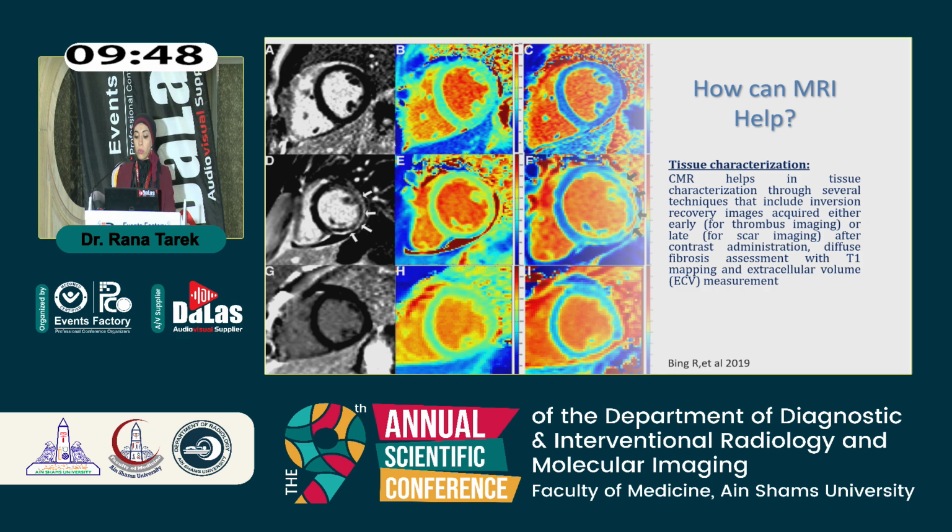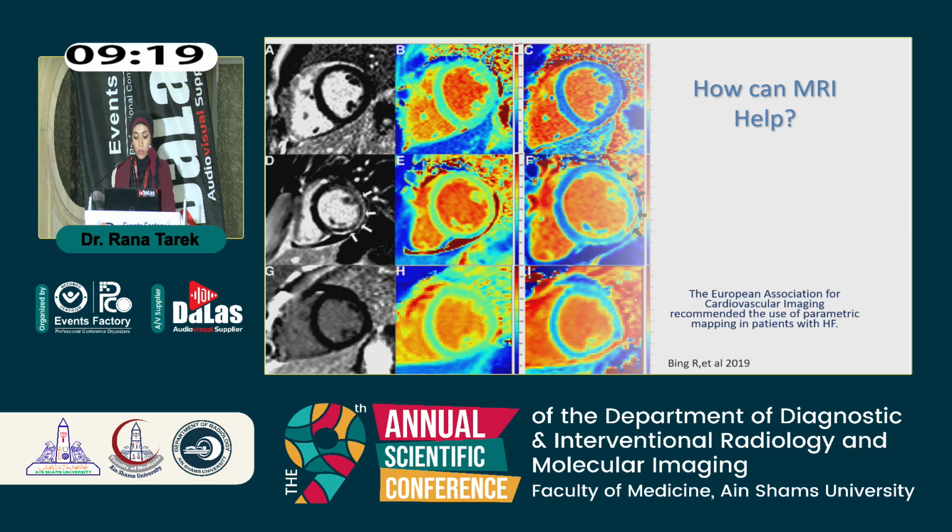For thrombus imaging, we usually rely on early gadolinium enhancement, and for macroscopic fibrosis, scar formation, or infarction, we use late gadolinium enhancement. For diffuse fibrosis, we rely on T1 mapping and extracellular volume measurement, and usually we don't use T2 mapping in chronic conditions.